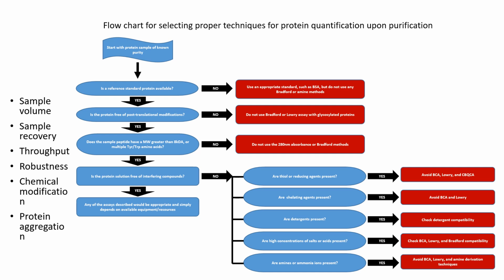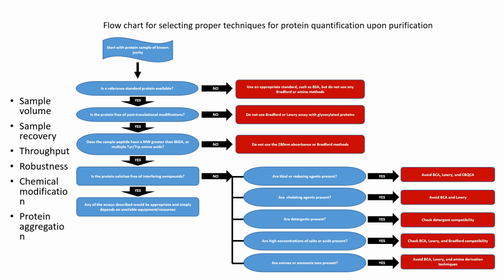The choice of method used to determine the concentration of a protein or peptide in solution depends on many factors. For practical procedure, here I show you a flowchart that describes the process of selecting the most appropriate assay.